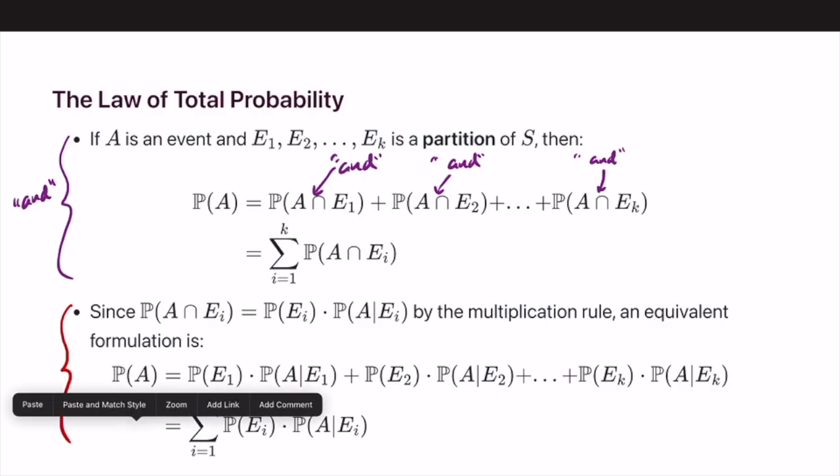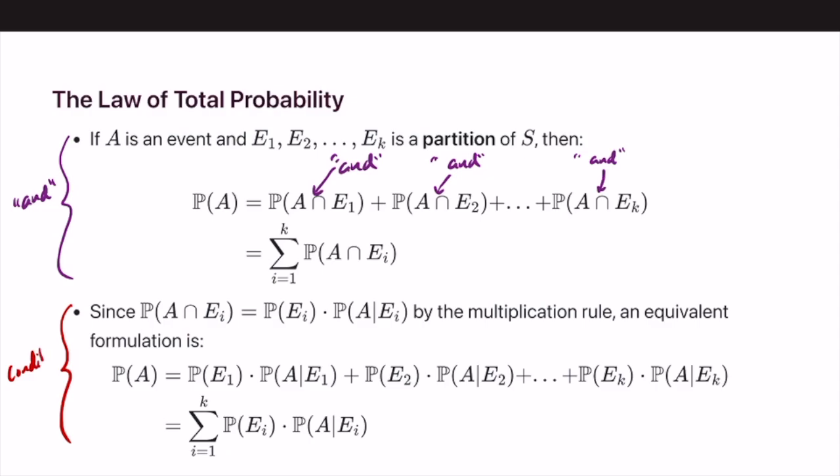If we do it this way, these are conditional probabilities, because each of these individual things right here, here, and here are conditionals.